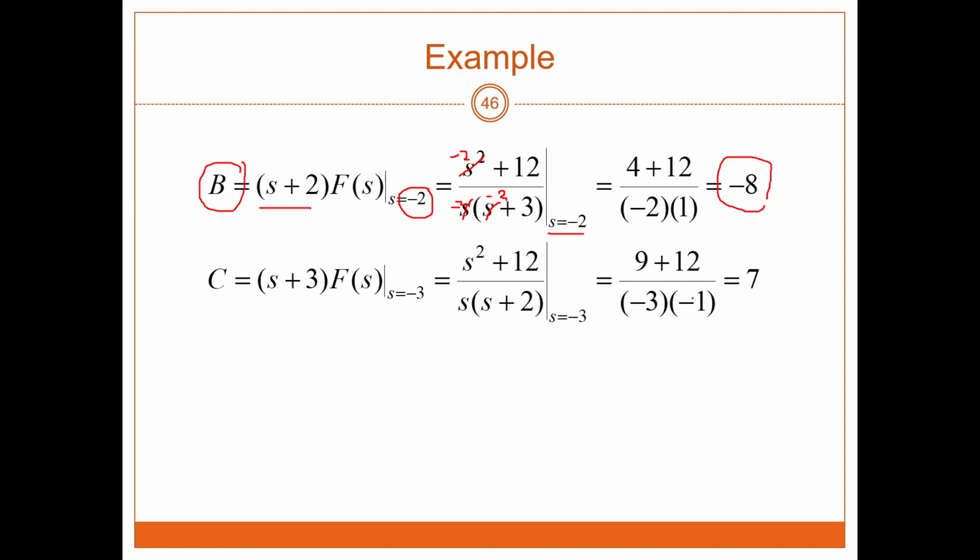And then for C, we take out s plus 3 and substitute s equal to minus 3 as the root, and now C becomes 7.